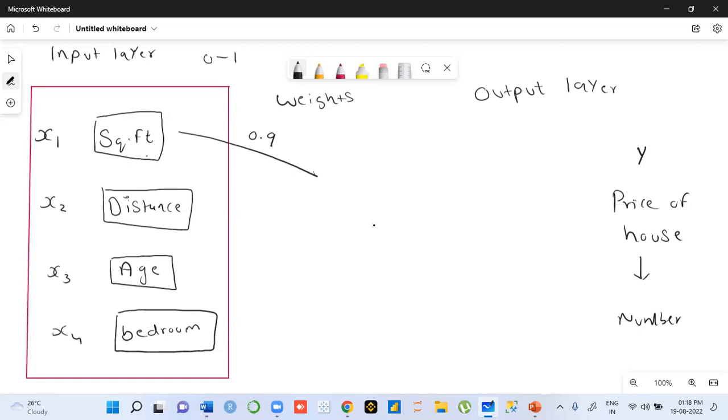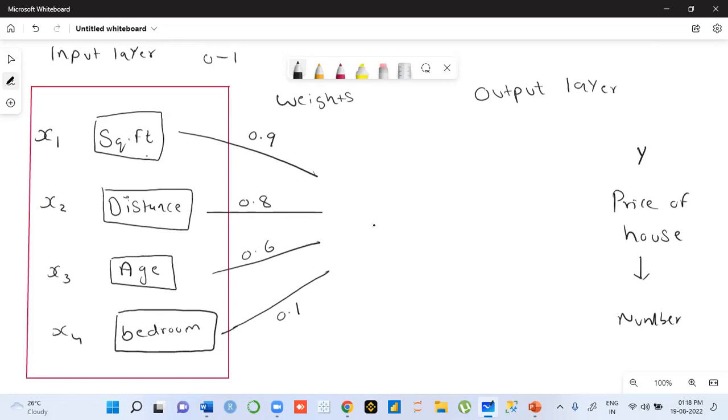Second important, how much? 0.8. Next, 0.6. 0.1. As such, there is no rule.